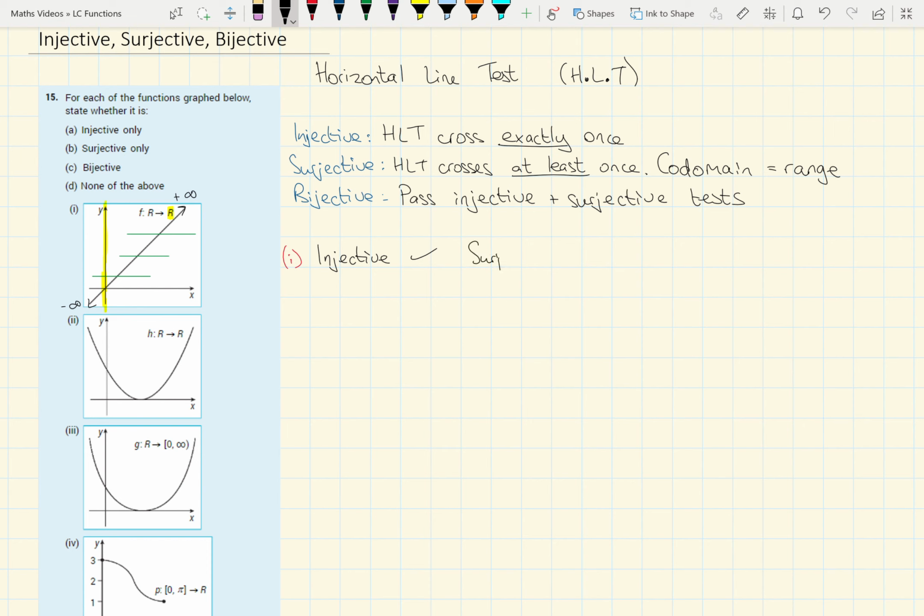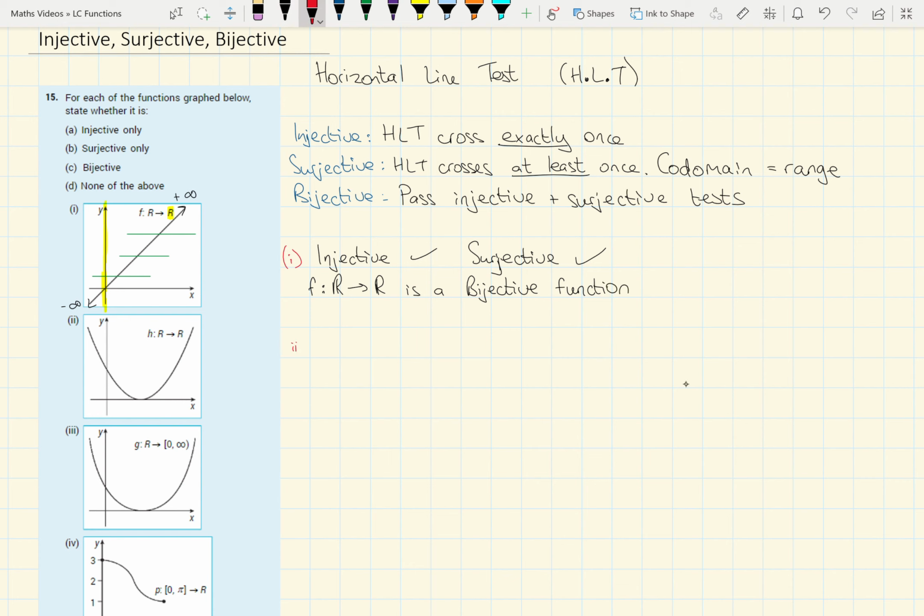So we've passed our test for surjectivity. So here's your statement: f maps R to R is a bijective function. And that's part 1 answered.